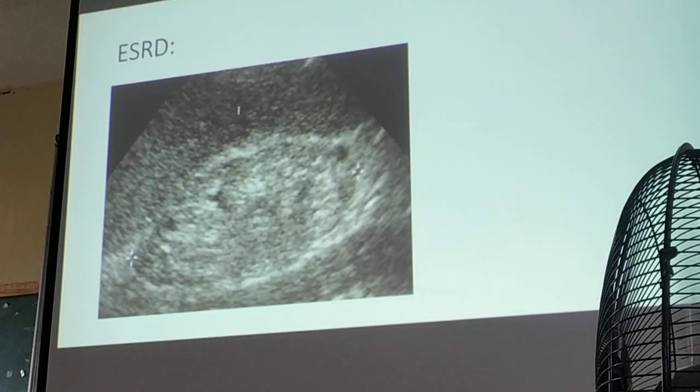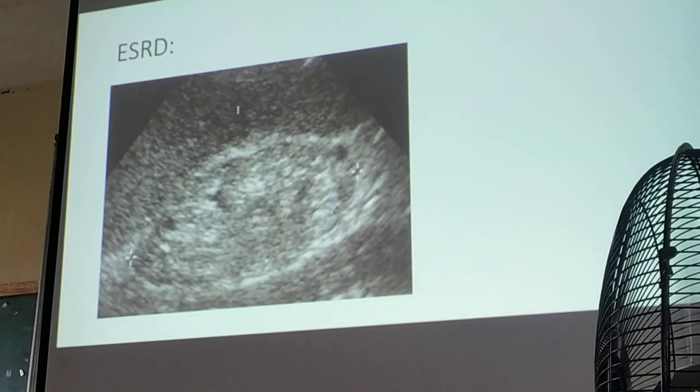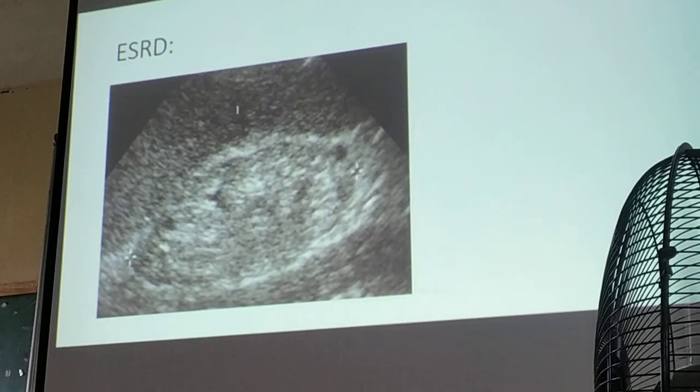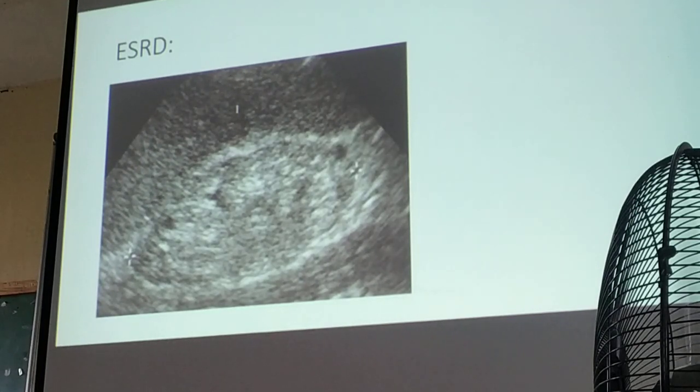So, what are the landmarks in a normal kidney that is no longer appreciated in end-stage renal failure? Any wild guess?